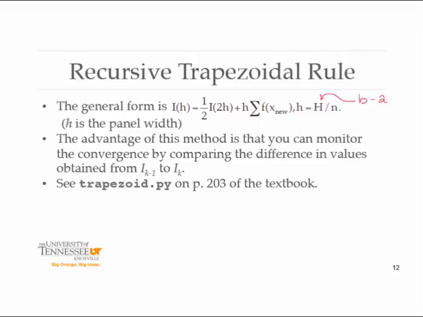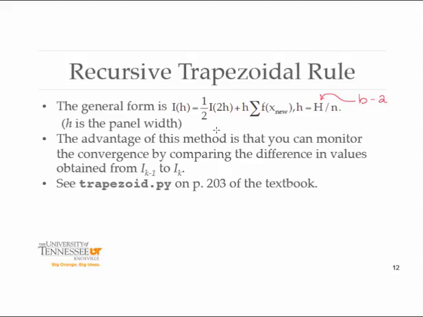The general form is that if you want to halve the step size you're currently working with, let's say 2h, so half of it would be h, you need to take half of what you had before and then add h times a summation of new functional evaluations. That's just a generic formula.